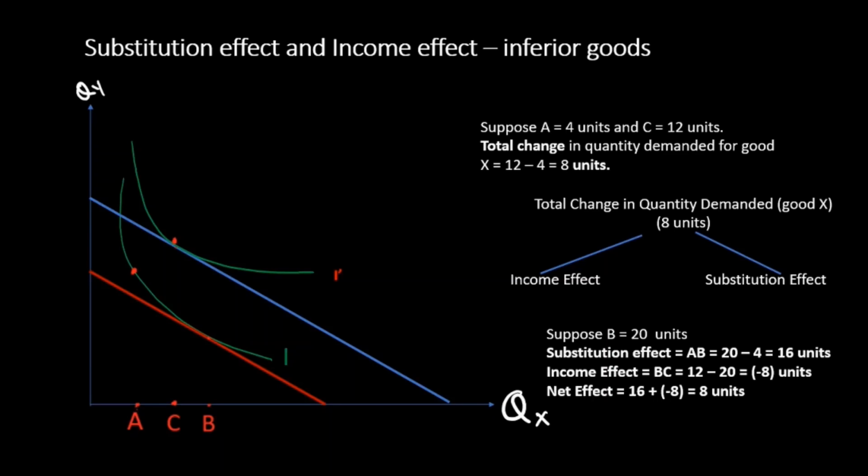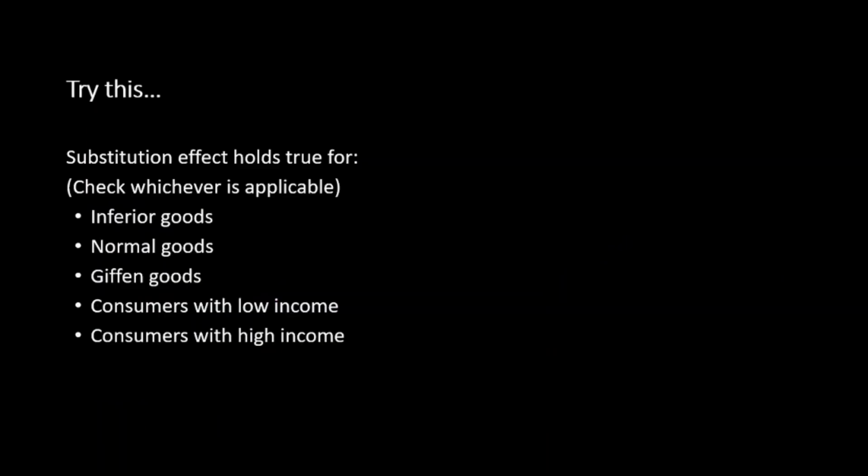So income effect is actually moving the quantity demanded in the opposite direction. It is reducing the quantity demanded for good X because good X is an inferior good. So my net effect is substitution effect plus the income effect, which is 16 minus 8, which is 8 units. So this is the difference between normal goods and inferior goods.